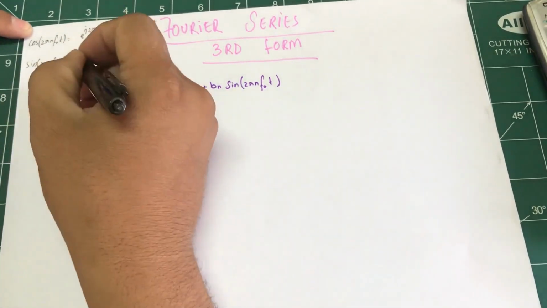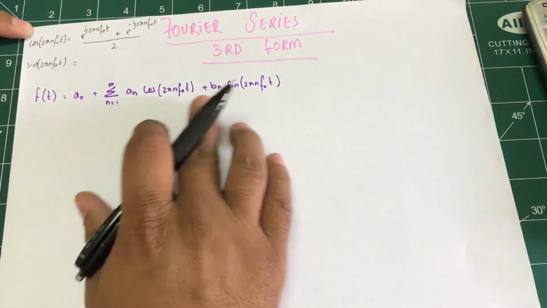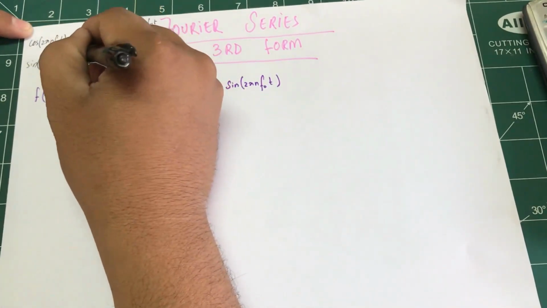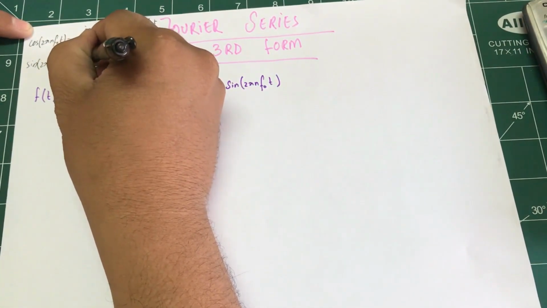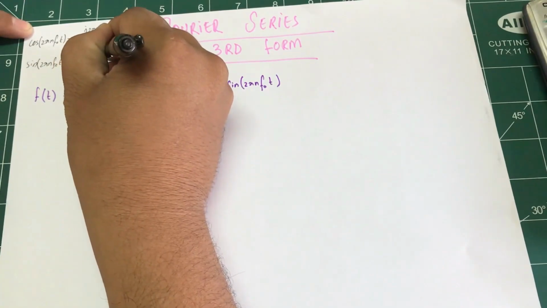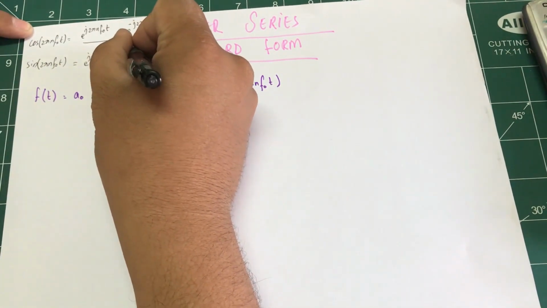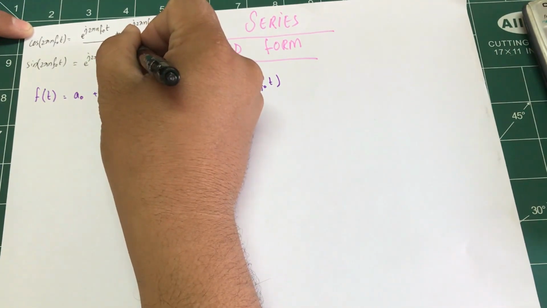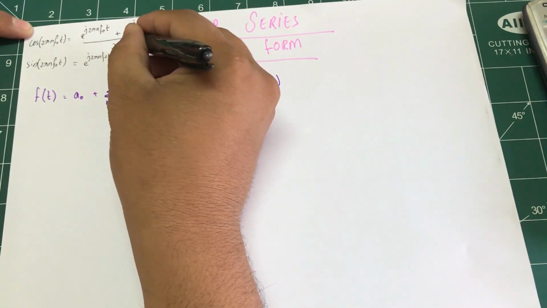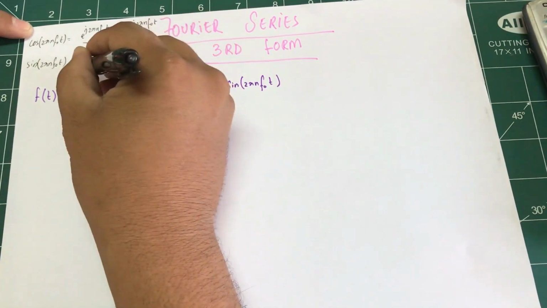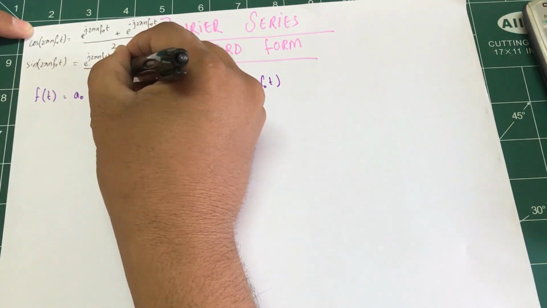As you can see, we're writing these identities because I want to make these replacements over on this side. So sine is e to the j 2 pi n f0t minus e to the negative j 2 pi n f0t, divided by j2.